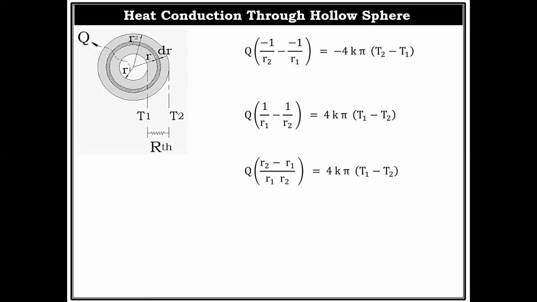If we take the LCM, Q times (r2 minus r1) upon r1 r2 is equal to 4K pi (T1 minus T2). Now, to find the rate of heat transfer through this hollow sphere, Q is equal to 4K pi (T1 minus T2) divided by the whole bracket (r2 minus r1) upon r1 r2. This is the equation which gives the heat conduction rate through hollow sphere.